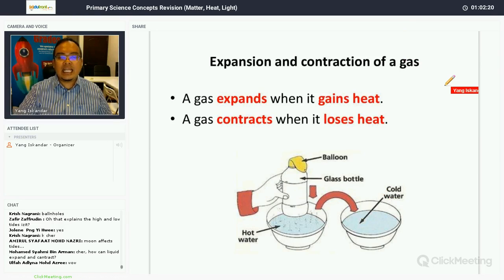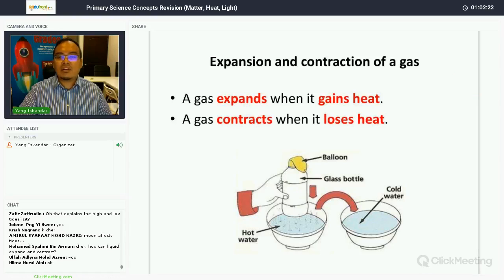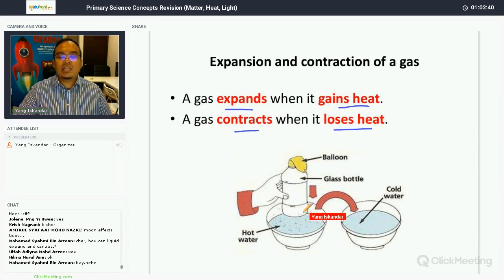Now, what about gas? Can gas expand and contract just like solid and liquid? Yes. Gas expands when it gains heat, and gas contracts when it loses heat. Let's take a look at this example. Inside this bottle, there is air. When you put this bottle into hot water, the air inside gains heat, and you expect the balloon to increase in size.